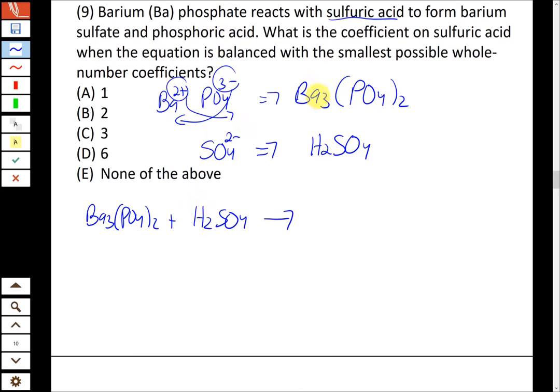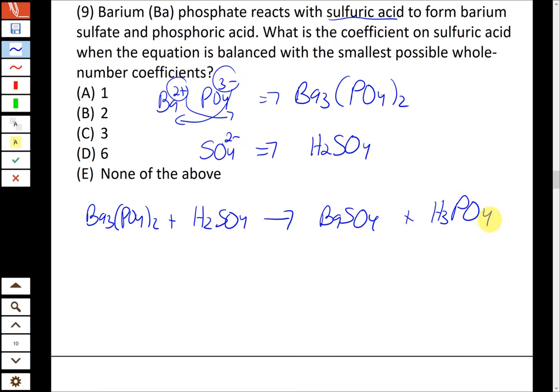Barium sulfate would be the barium 2 plus cation with the sulfate SO4 2- anion, so the formula for that would just be BaSO4. And then finally we have phosphoric acid. Phosphate is PO4 3-, so the acid of that would be H3PO4. Okay, so those are reactants and products.